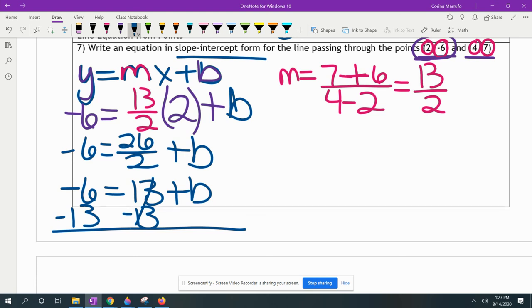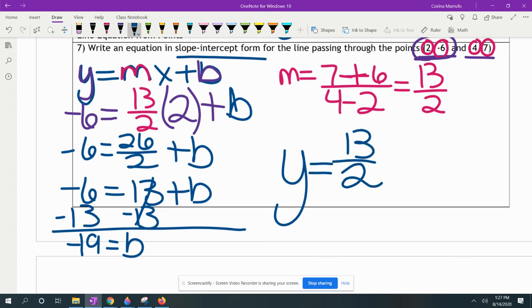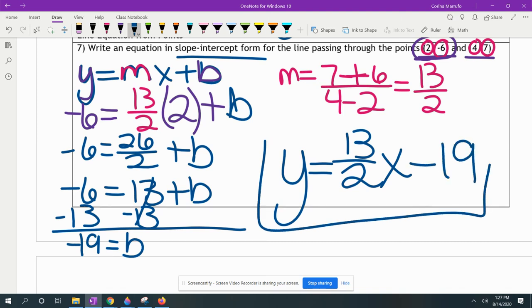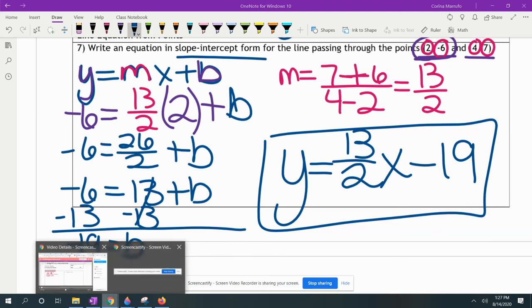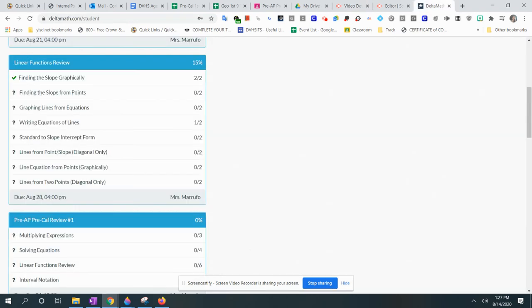Negative 6 minus 13 is negative 19 equals b. Okay. So now we're ready to write our equation in slope-intercept form. Y equals, our slope is 13 over 2x, and then our b is negative, so it's going to be minus 19. And that's it.